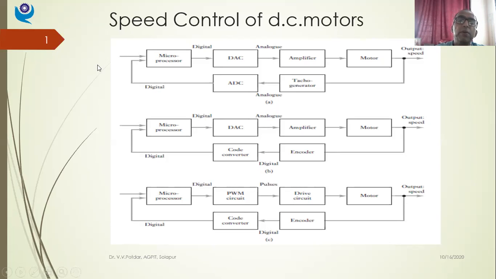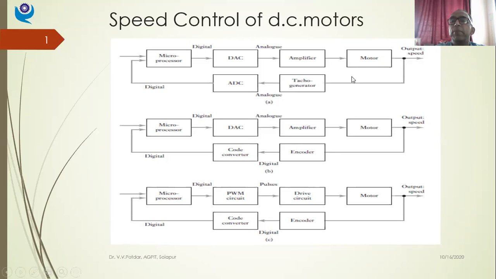As you can see, from the left side, this is the desired input, and on the right hand side, the arrow that you can see is the actual output. So this is the desired output and this is the actual output, and in between I have a control system. Now this motor is called my system, so to say.